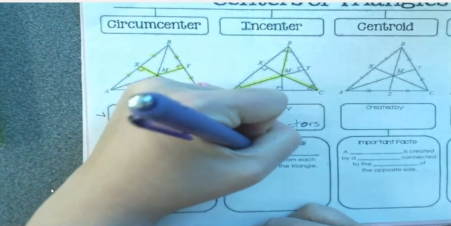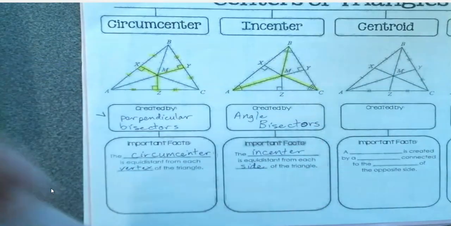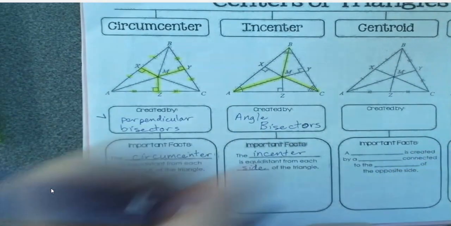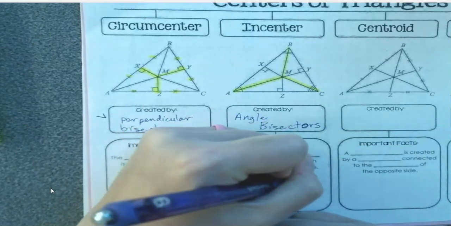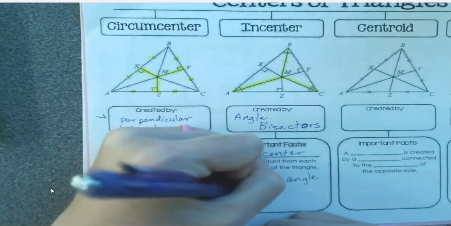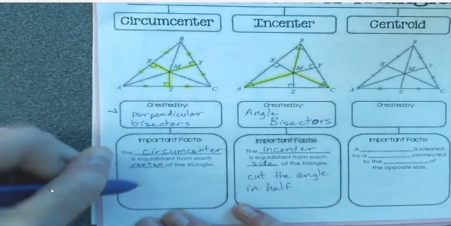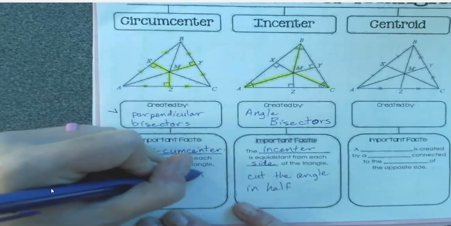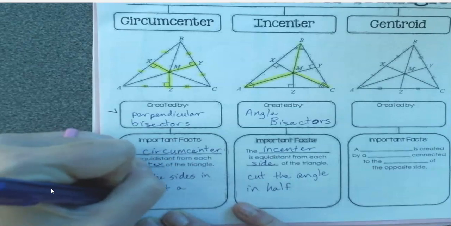So the incenter is equidistant from each side. But here's what's important. Your angle bisectors cut your angle in half. And the perpendicular bisectors cut the sides in half at a right angle.